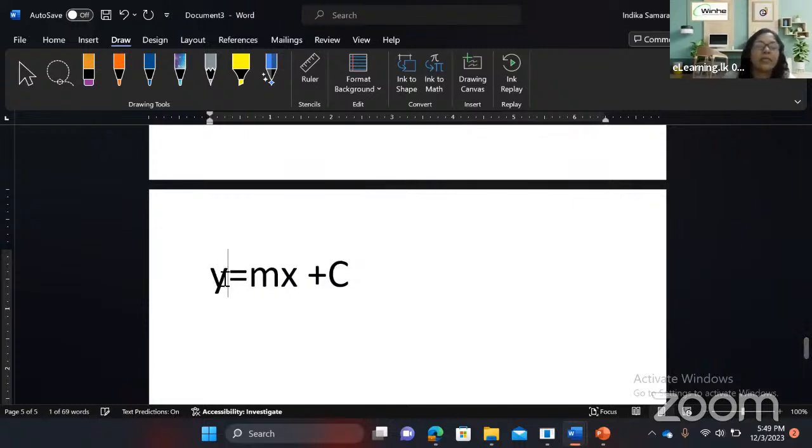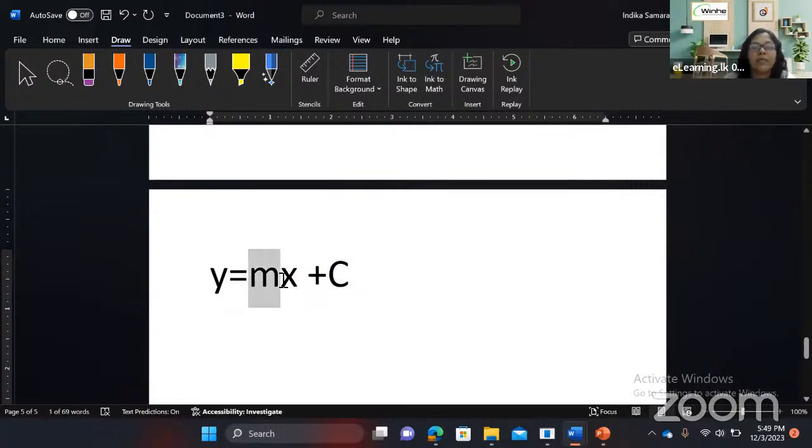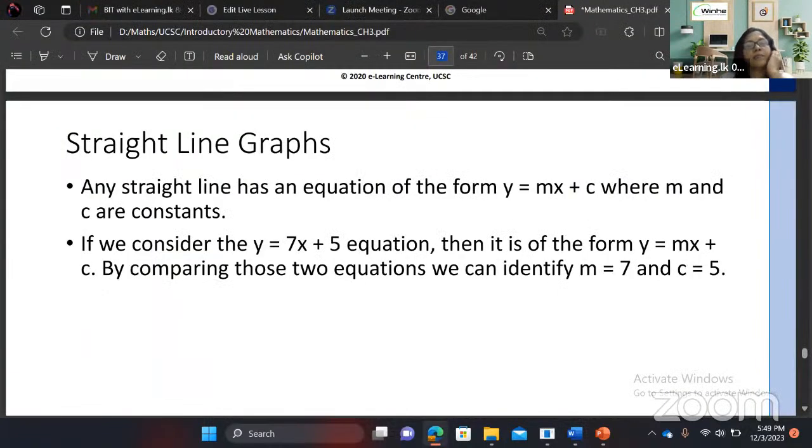This is the equation for a straight line. c is a constant. m is what? m and c are constants, but m and c have special characteristics.